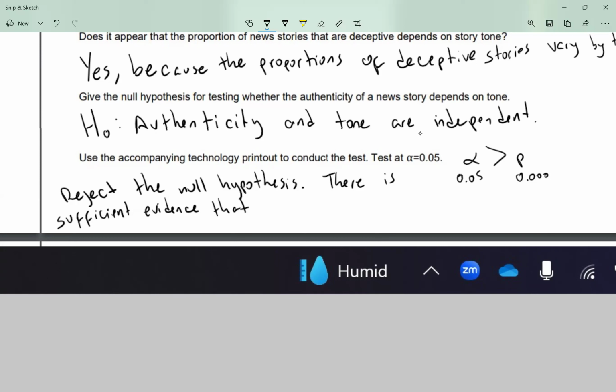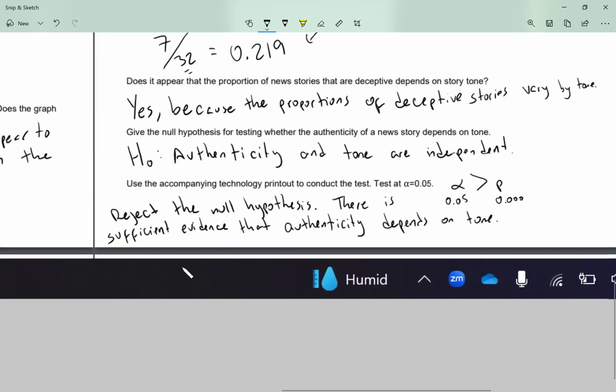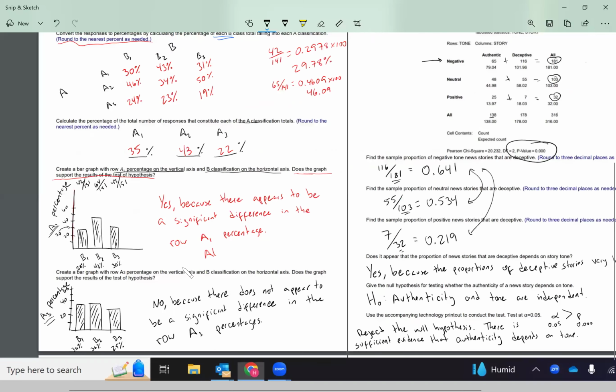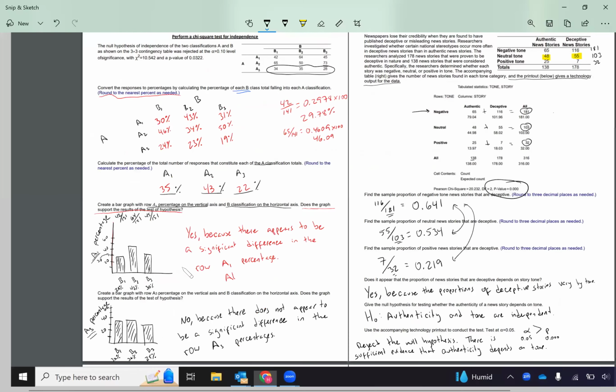Authenticity and tone are independent. And I just said we're going to reject that. They were checking for independence and I said no, I reject that. I'm going to say authenticity depends on tone. Okay, let me zoom out so you guys can see what we did today.